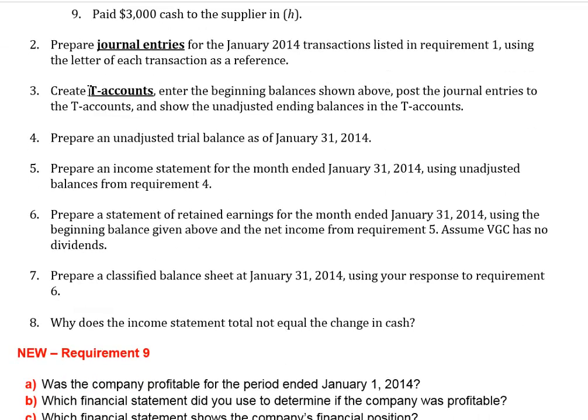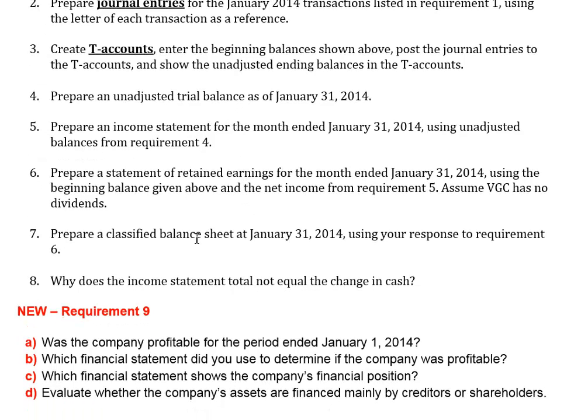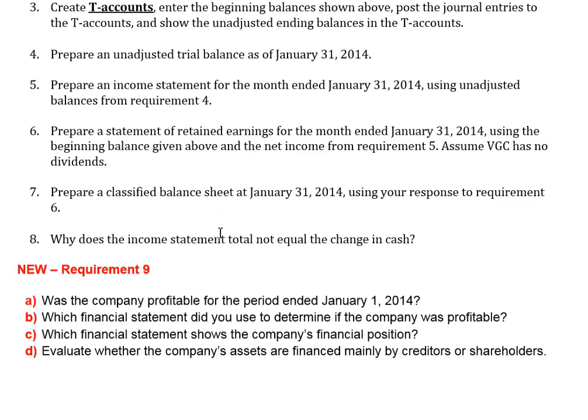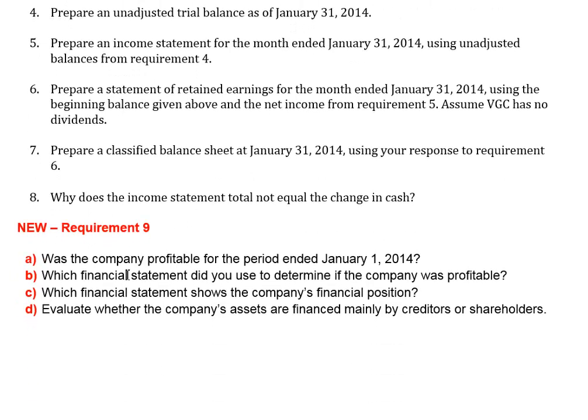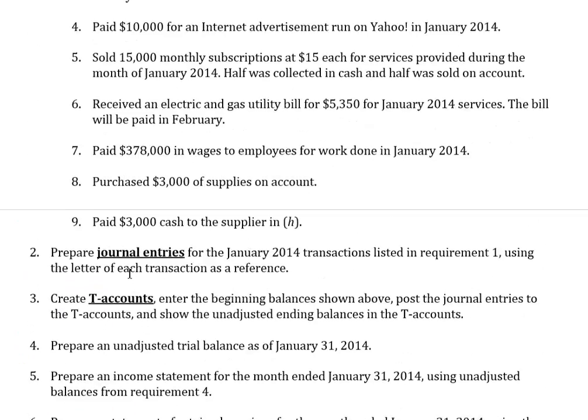We're then going to summarize the transactions that we analyzed and journalized or recorded by creating T accounts and entering those balances in the T accounts so that we can update the balances in each account, including revenues and expenses, to prepare our trial balance, our income statement, our statement of retained earnings, and our classified balance sheet. And then down here we have some theory questions that we'll get to. So let's begin.